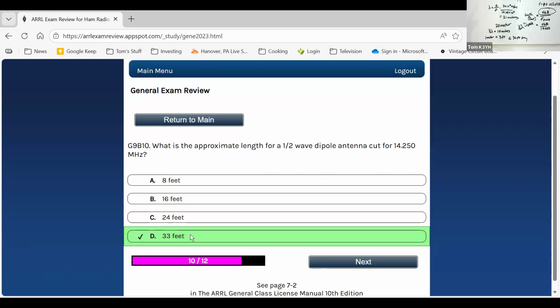There it is. Close enough. And it's far enough away from 24 feet that I'm confident that's the right answer. And you don't have to answer the question that way. You just do the calculation, but in your head say, okay, I think the answer should be around 30 feet. And then you look at it and that kind of confirms that your calculation was okay.